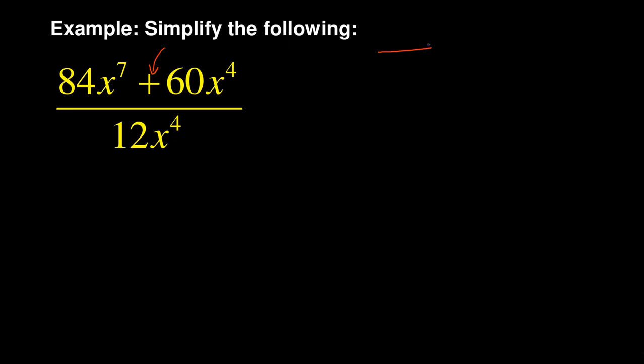So I can do it like this: 84. I can say 2 into 84 is 42, and these are the prime factors now. 2 into 42 is 21, then 3 into 21 is 7, and 7 into 7 is 1.